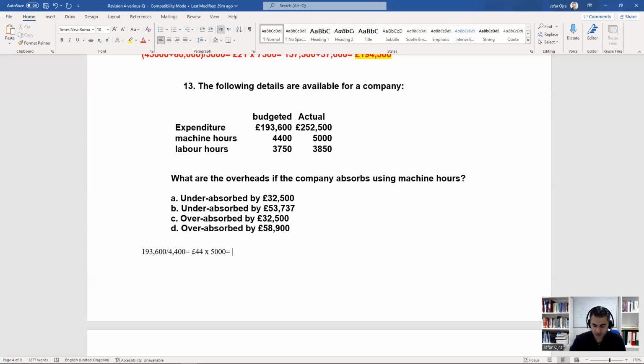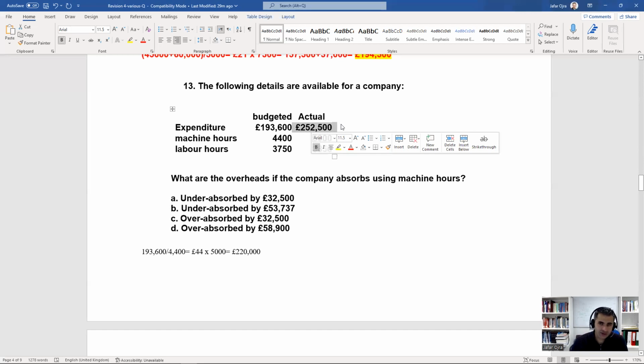How much do you get? You get 220,000. But now look here, the actual overhead gives you 252,500.